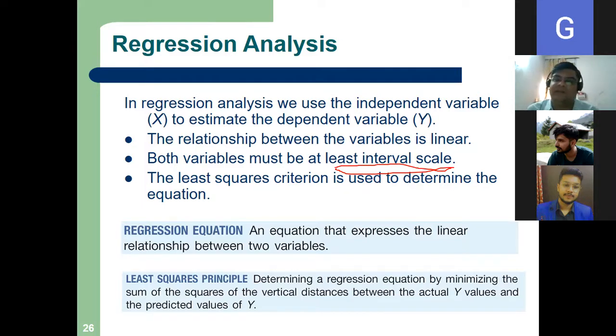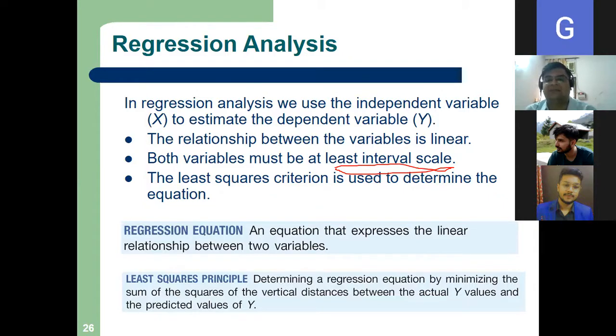Sometimes students simply come with nominal and ordinal data and tell me, sir, run the regression. It does not work. We must have the data in interval or ratio scale.